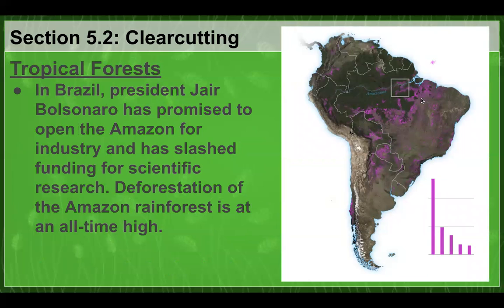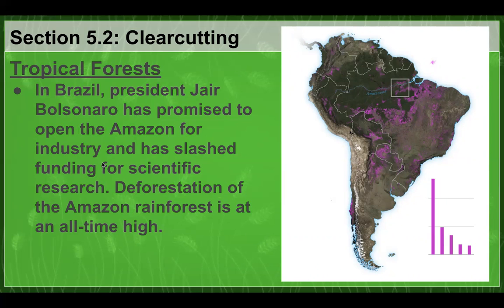Now, there is a problem. The most vast tropical rainforest in the world, located in the Amazon, the bulk of it being in Brazil, is in danger. The president of Brazil, Jair Bolsonaro, has, in the past few years since he was elected, promised to open the Amazon for industry and has also slashed funding for scientific research.